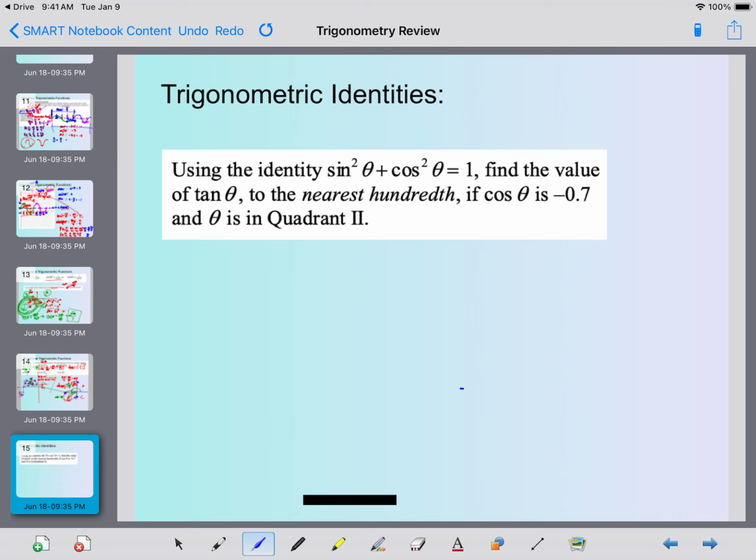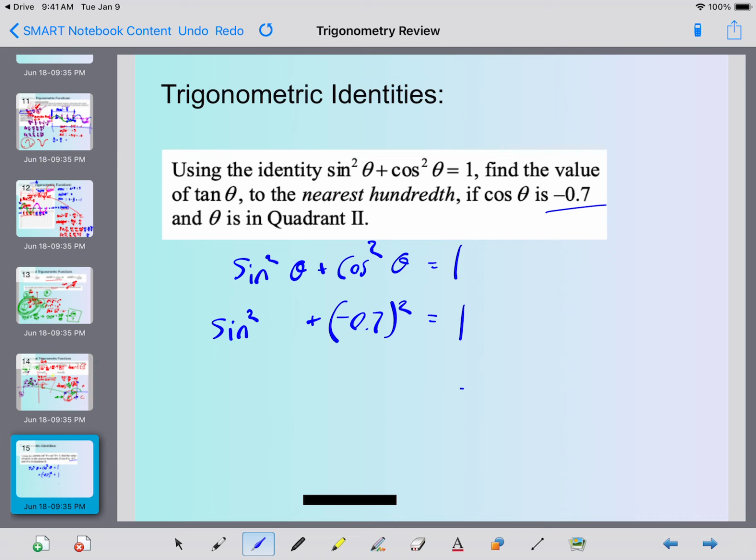So, sine squared theta plus cosine squared theta equals 1. Cosine is negative 0.7, so negative 0.7 squared plus sine squared equals 1. You could subtract that on both sides.